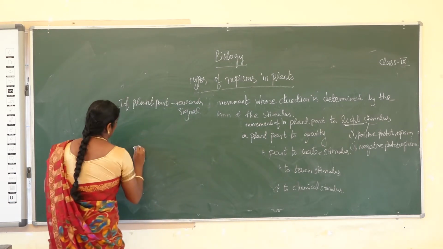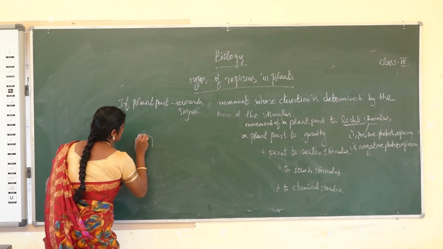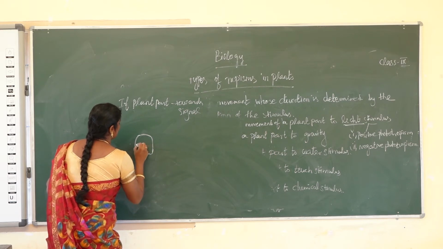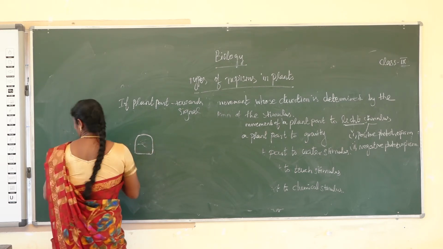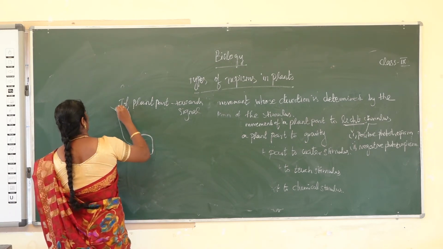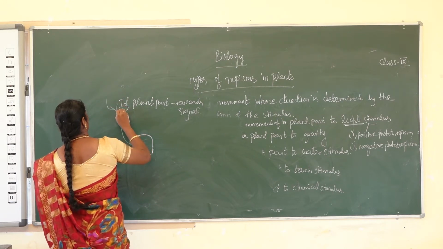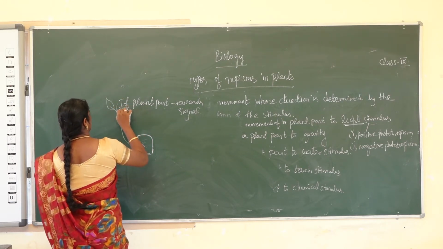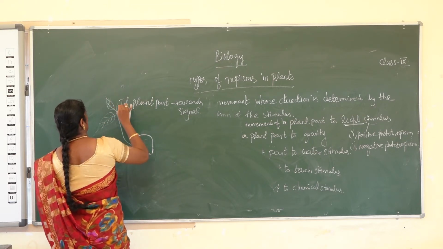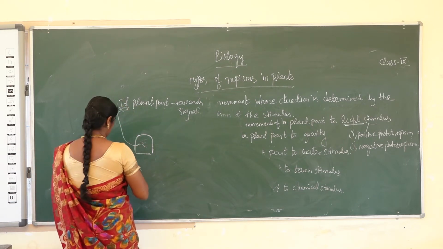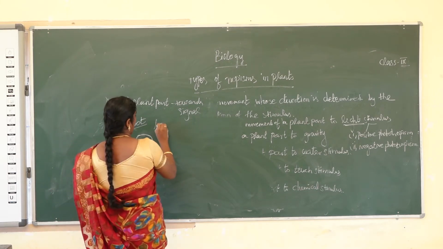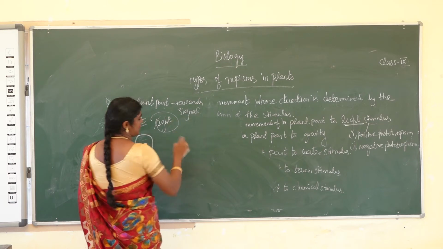For example, in a potted plant, while the shoot moves towards the light, that is called positive phototropism.